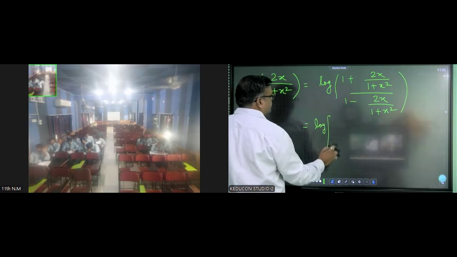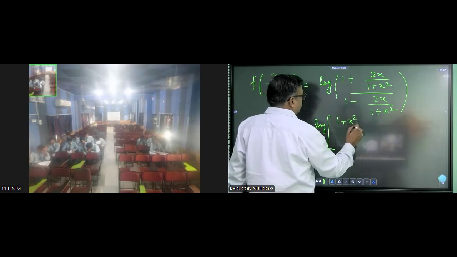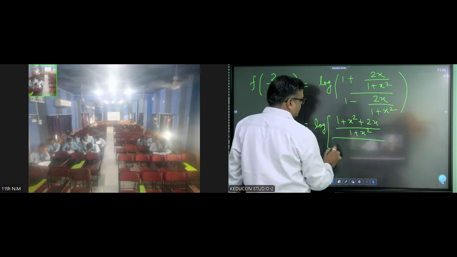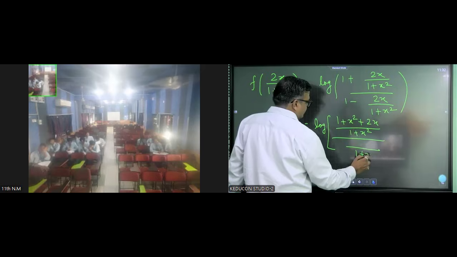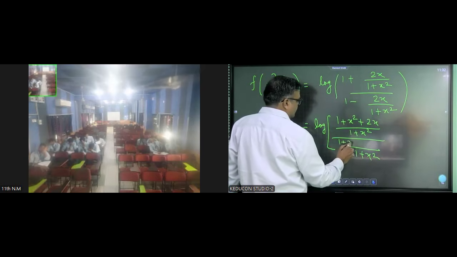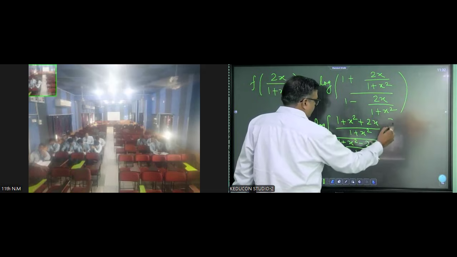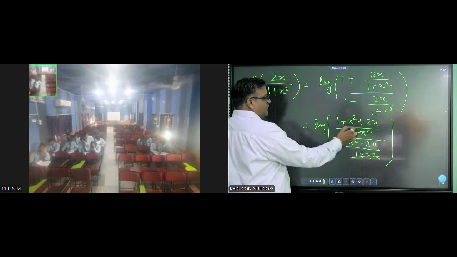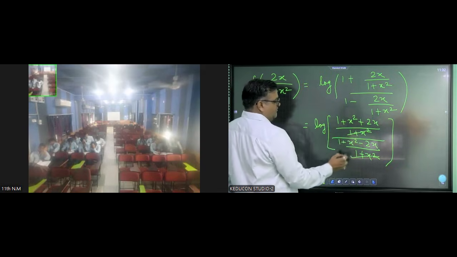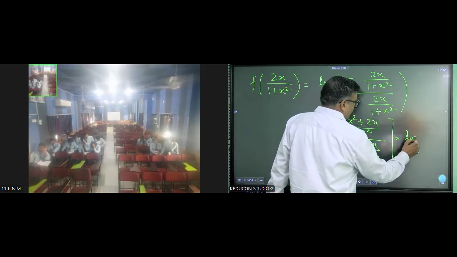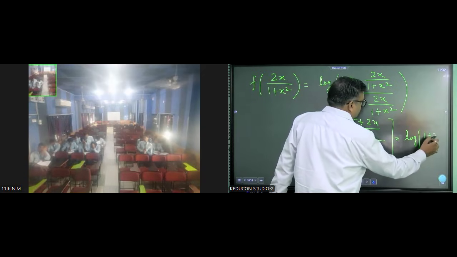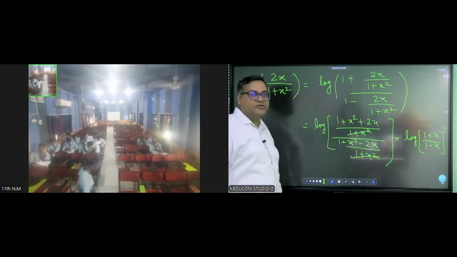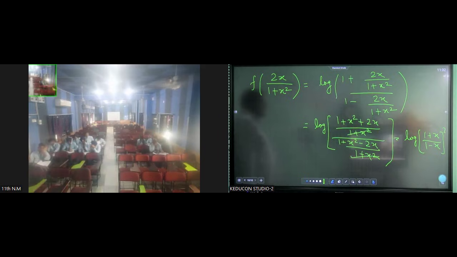Log of, LCM ले लिया बच्चों आपने, 1 plus x square. Similarly, LCM will be 1 plus x square, 1 plus x square minus 2x. Now these denominators will be cancelled out. This is the identity of (1 plus x) whole square. This is (1 minus x) whole square. So we can write 1 plus x. Any doubt, bachcho?